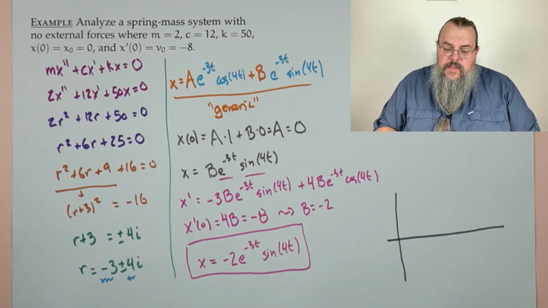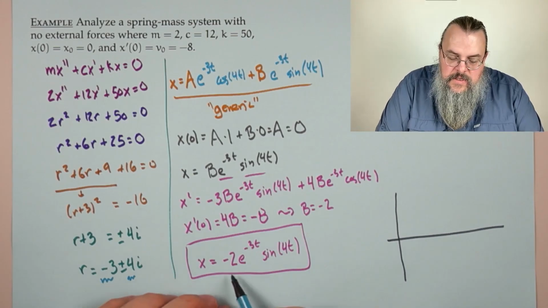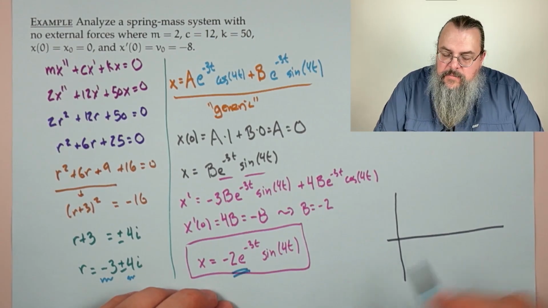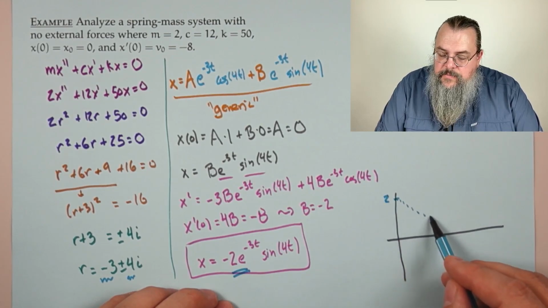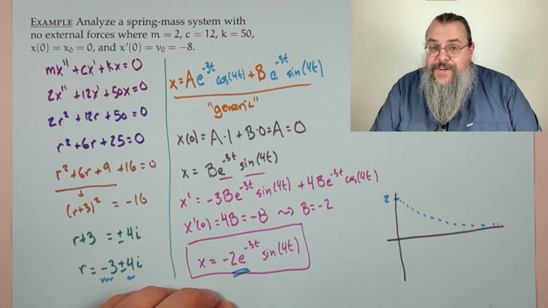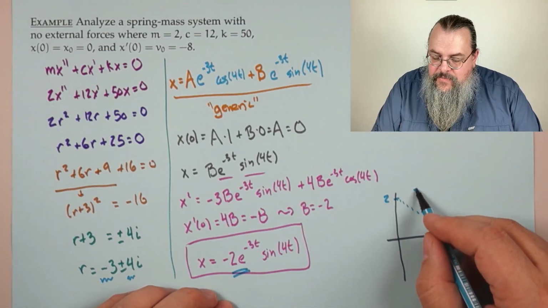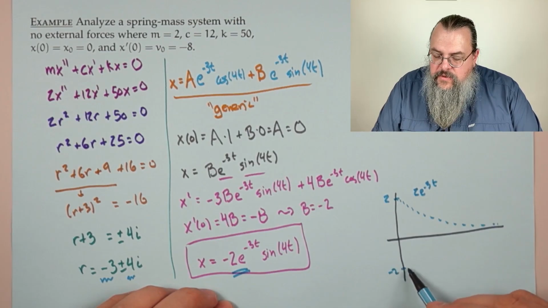If we do that, focus on this part, 2e to the minus 3t. It would come in at 2, and it would exponentially decrease. Probably not that fast, but I'm exaggerating for effect. And then we have the minus 2 e to the minus 3t, and it's just the mirror image.